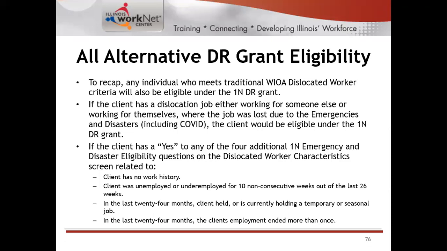Jim, if I could jump in, this ties in with what Michelle was just asking. If for some reason a client is determined eligible only under one of the DR alternatives, these 4 criteria you were mentioning, but weeks later they discover that they are a dislocated worker and we might want to enroll them in 1D, is there a way to address that?